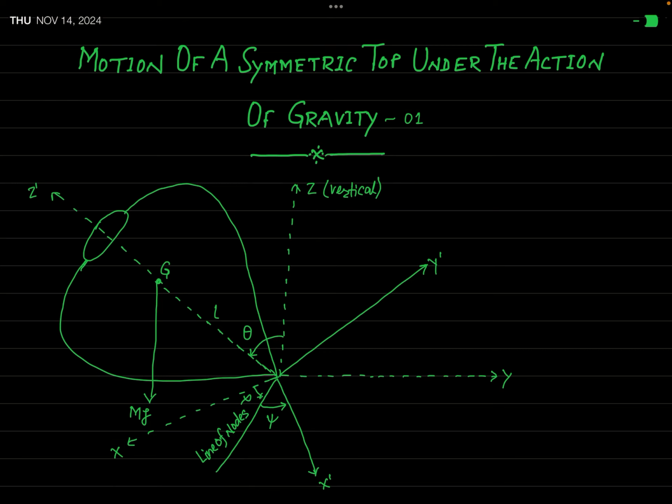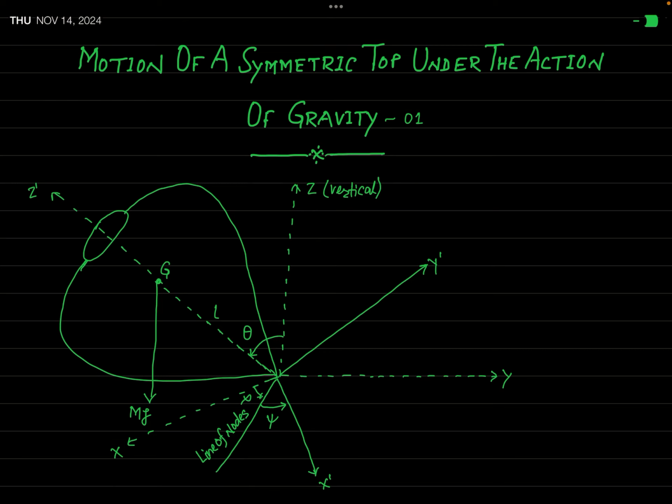In fact, when you say symmetric top, what does it mean? Actually, the symmetric top that we are going to discuss here is approximated to a variety of rigid bodies. For example, you have seen a child's top, gyroscope. These are some of the important examples of symmetric top.